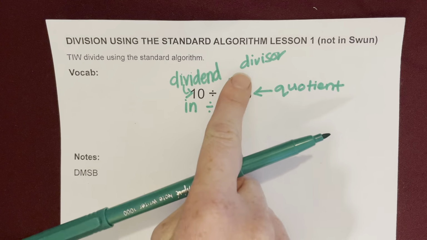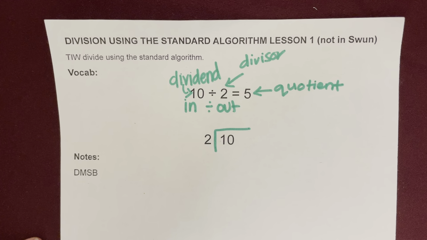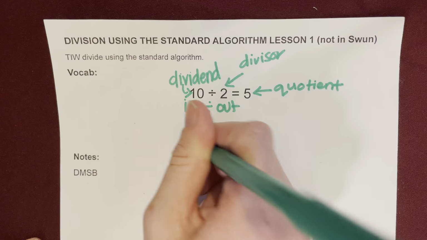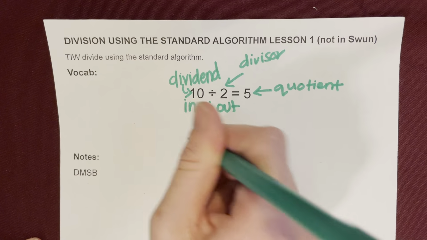We don't have our division sign, so you need to make your division sign. The divisor is on the outside. And the dividend, remember it sounds like in, is on the inside, and your quotient would go right there.